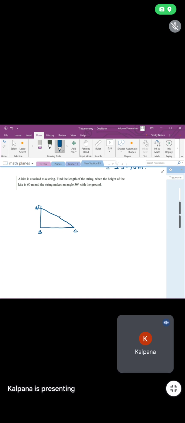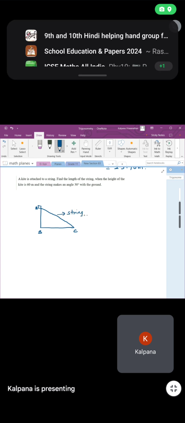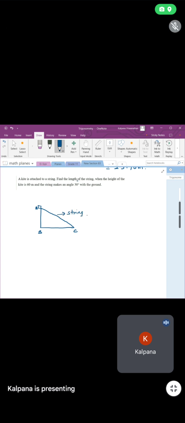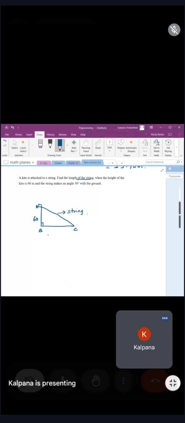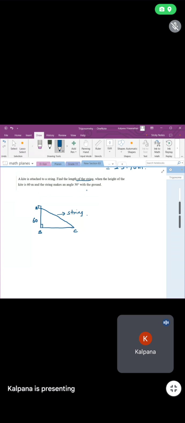It goes slanting only. So this is your string. We need to find the length of the string only. When the height of the kite is 60, height means it is your perpendicular distance. So this is 60 they have given. And the string makes an angle 30 degree with the ground. Here it is 30 degree.